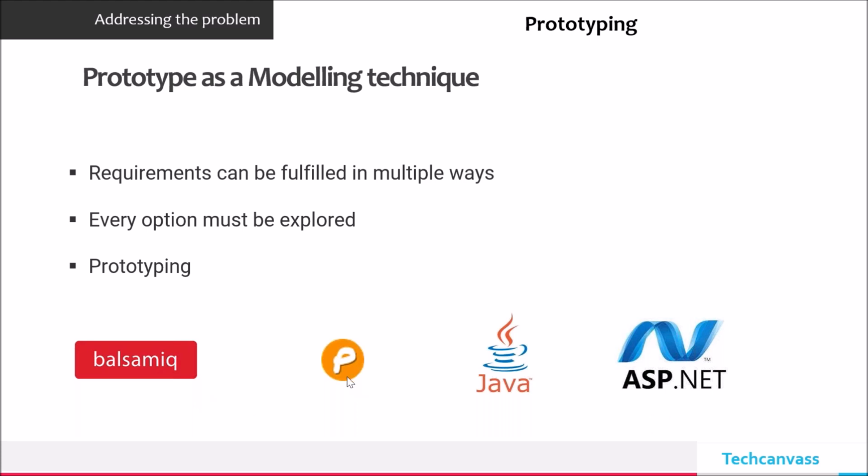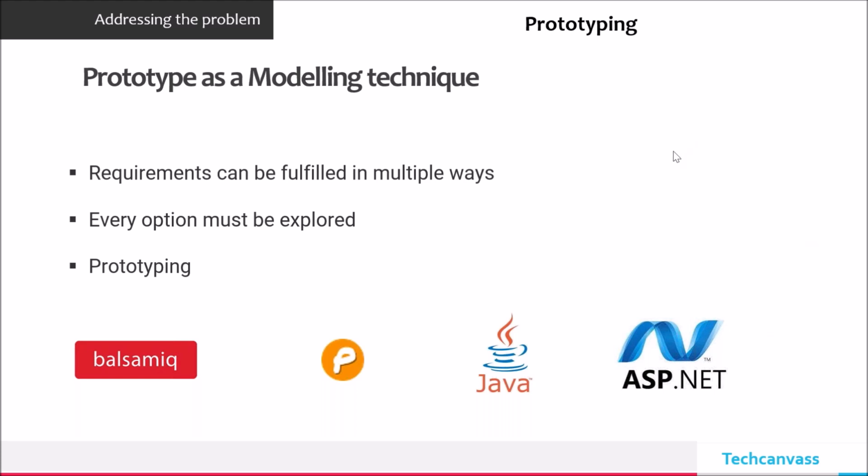So Balsamiq and Pencil allow you to create prototypes quickly. As a business analyst, you can use them to create prototypes. But if you want something which is exactly similar to a web page or a website, then you need to use tools like Java and ASP.